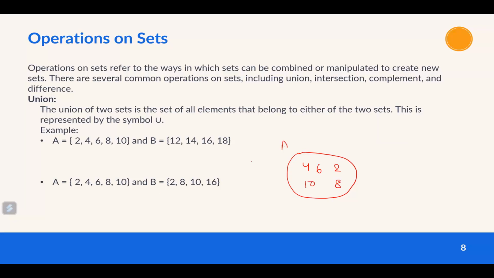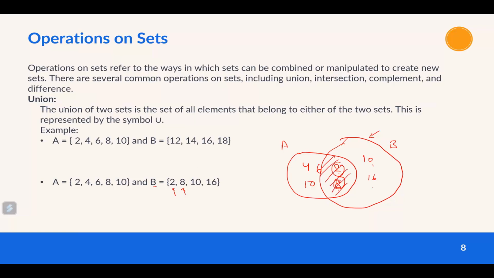And this is set A. Now you see B has these two elements, 2 and 8. So these two elements will be in B as well, okay? Now the extra elements of B are 10 and 16. So you see this circle represents the set B, and it has the elements 2, 8, 10 and 16. And this 2 and 8 is present in both the sets, okay? So these are the common elements of both the sets.